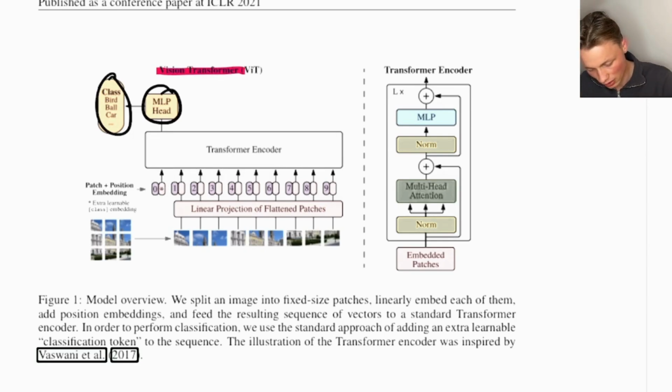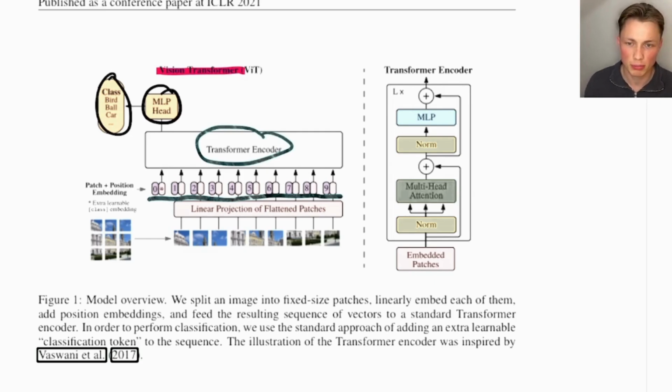So this transformer block takes as input all those tokens, and we can see the transformer block here on the right. I will not explain how the multi-head attention works. I think that if you see this video, you already should know how the multi-head attention works. If not, I will maybe do another video about it.